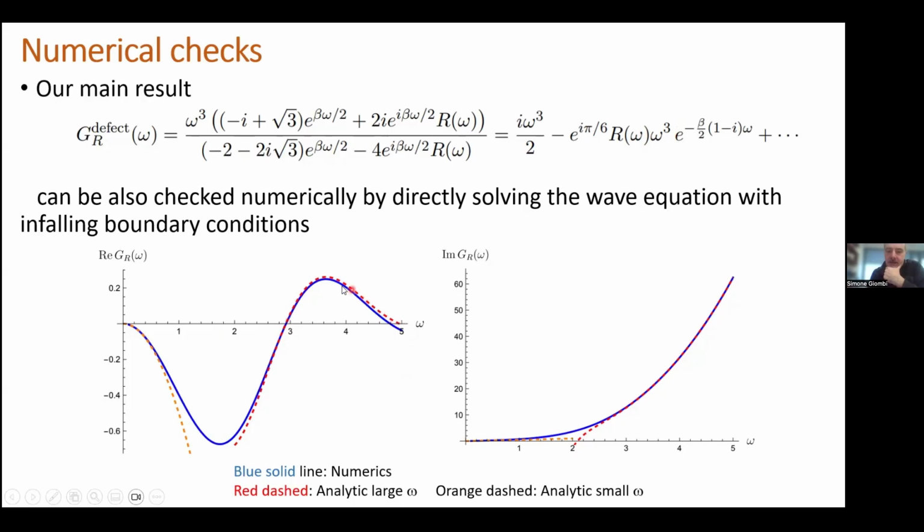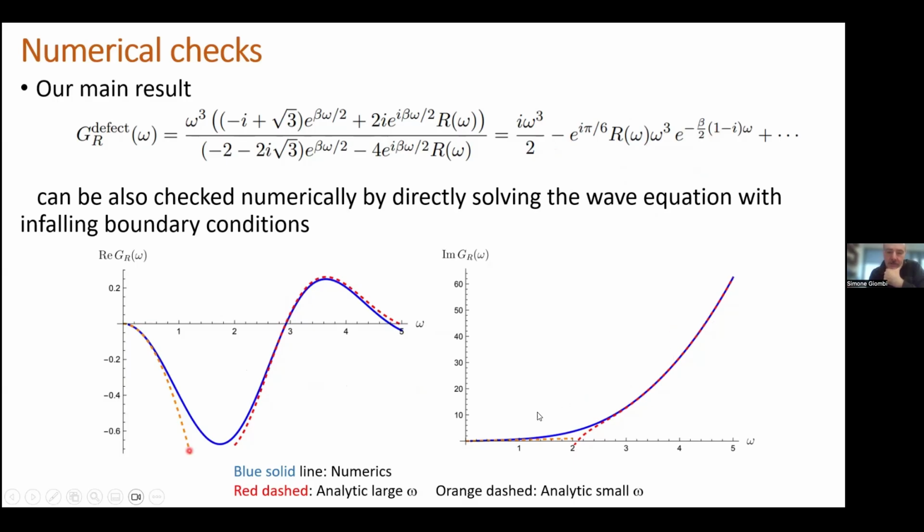This red dashed line is the prediction of WKB. So it's basically this, the perturbative part plus this non-perturbative term. The oscillations are there because there is this i in the exponent. So when you take the real and imaginary part, that gives sine and cosine multiplying the exponential. Okay, so this is for the real part, and this is for the imaginary part.